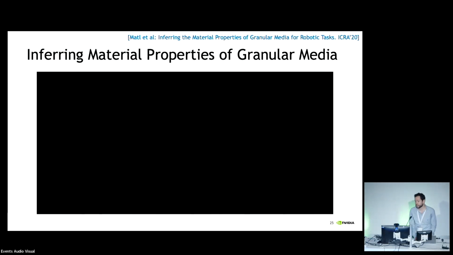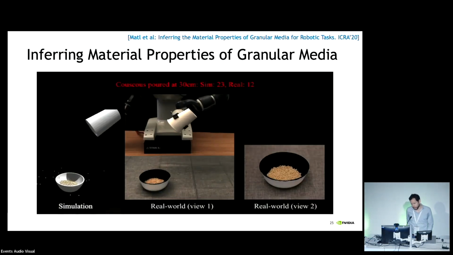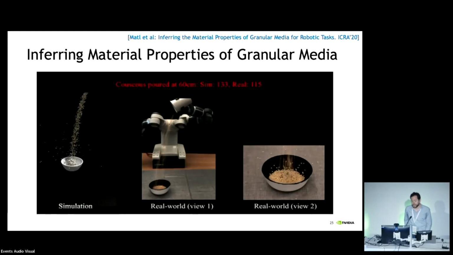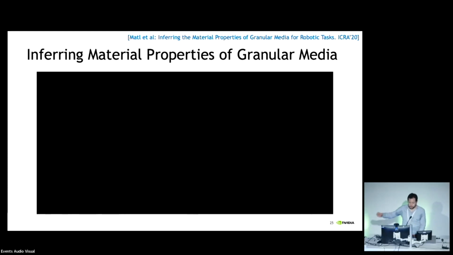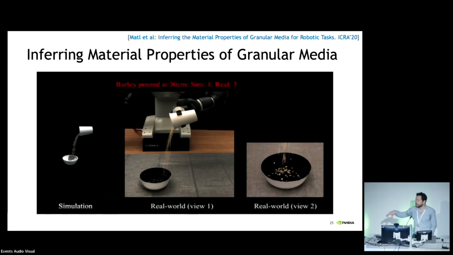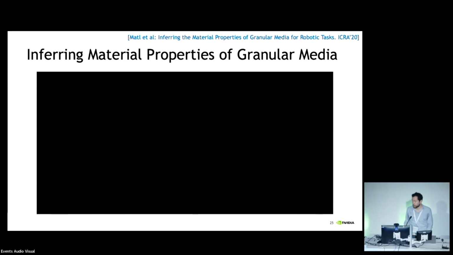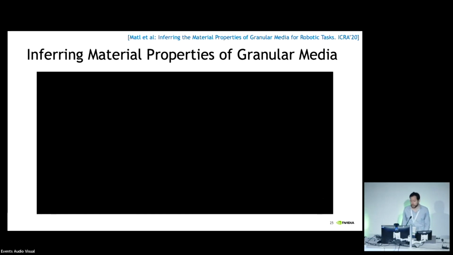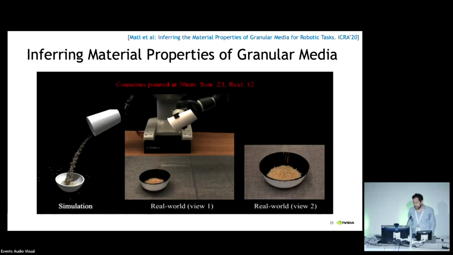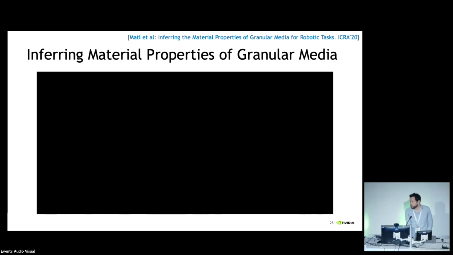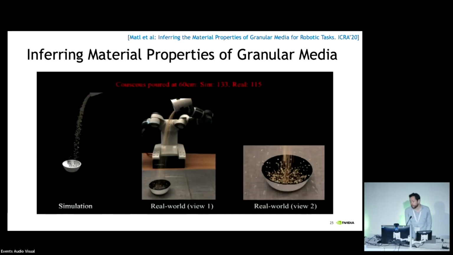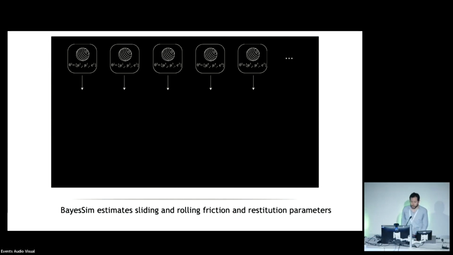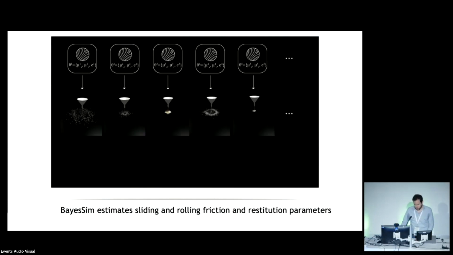So let's see some examples here. So that's the work that Caroline Matthew did with us. And the idea is I'm pouring granular material, right, with this robot through a cup. And I need to estimate mechanical properties of this granular material. So, you know, this could be rolling, friction, and things like that. So following the Bayesian procedure, we extract, so this is one grain of that.